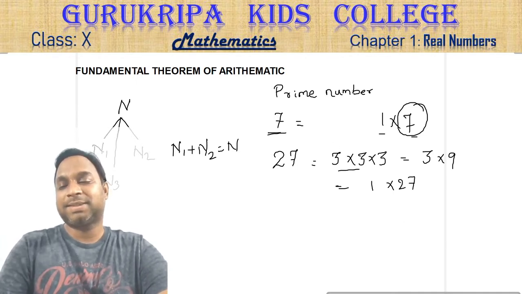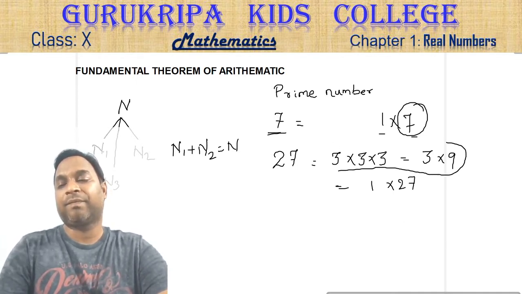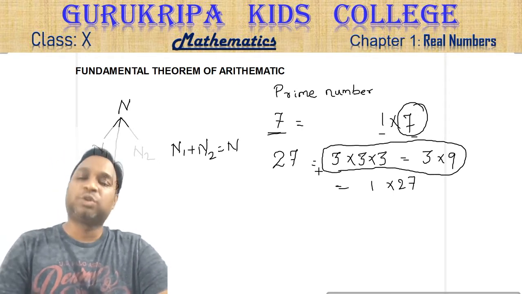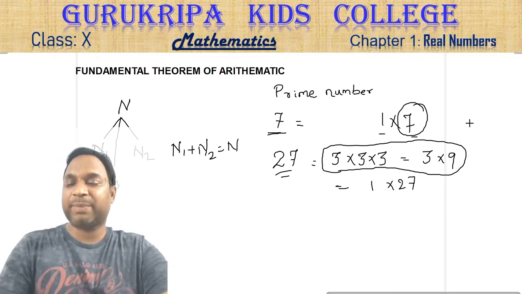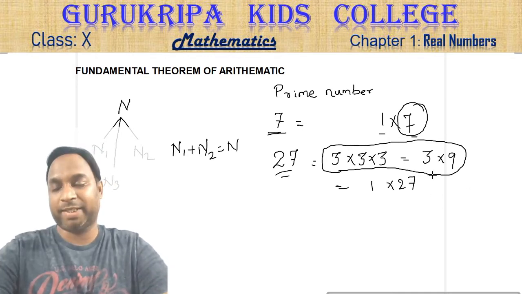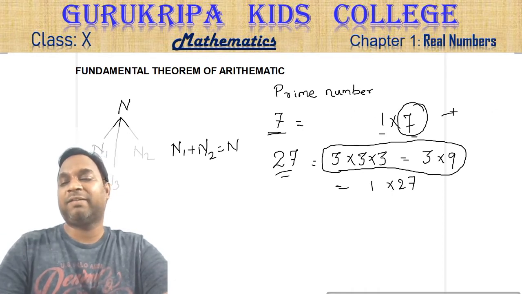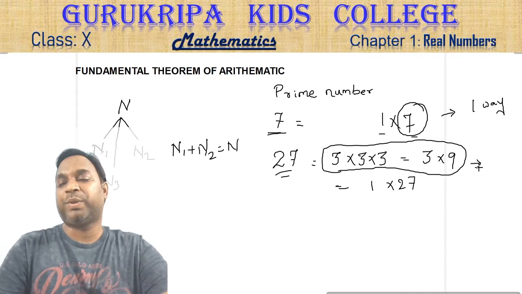And basically this and this are the same. We have similar numbers. So we can express 27 as a product of two numbers in more than one way. You see, for number 7 there was only one way possible, and for number 27 we have two different ways at least.